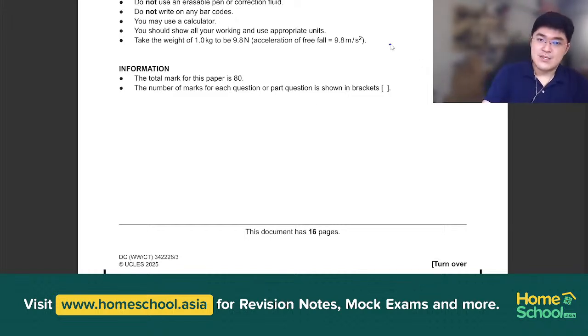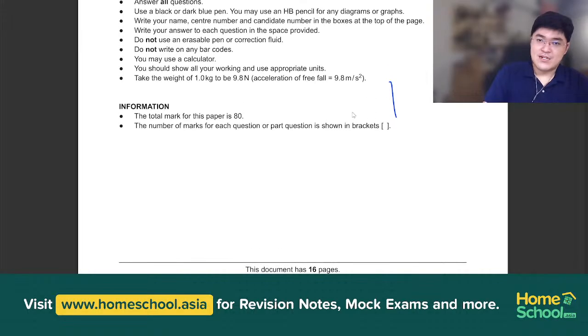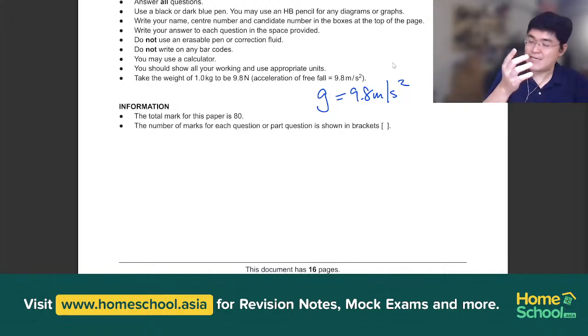For instance, we know that g, the acceleration of free fall, is 9.8 meters per second squared. So please don't use 10, and don't use 9.81. Use 9.8 as given in our syllabus. Also, in this paper, everything will be solved to two significant figures.